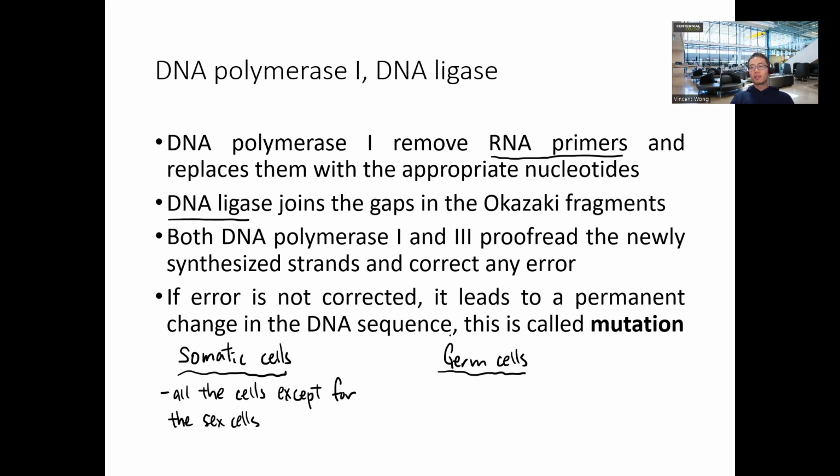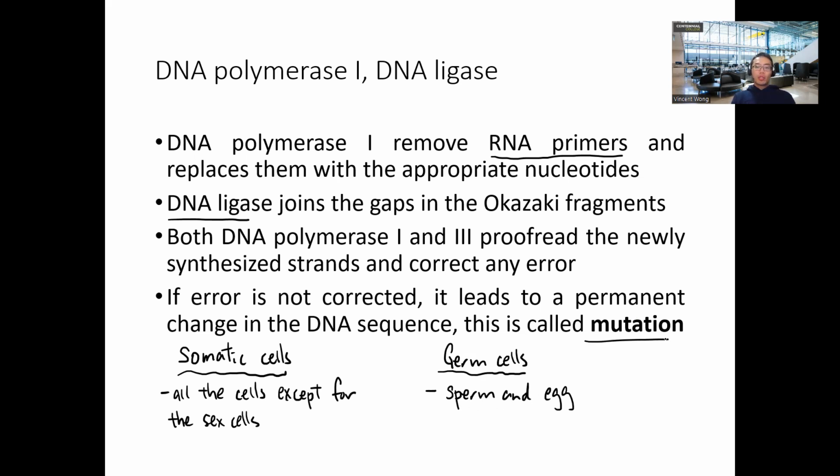They hear the word germ and they think of dirty stuff like bacteria and viruses. That's not what it means, okay? Germ cells in the context of what we're talking about refers to cells that will become sperm and egg. So it has nothing to do with bacteria. These are just cells that will become the sex cells, the sperm and the eggs.